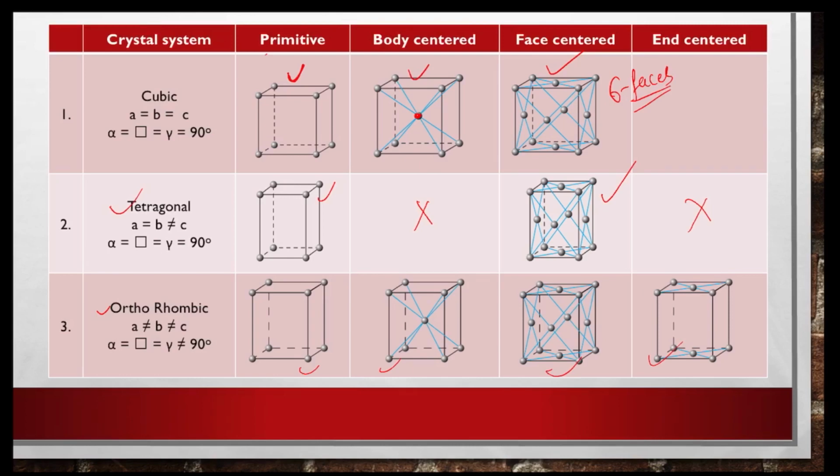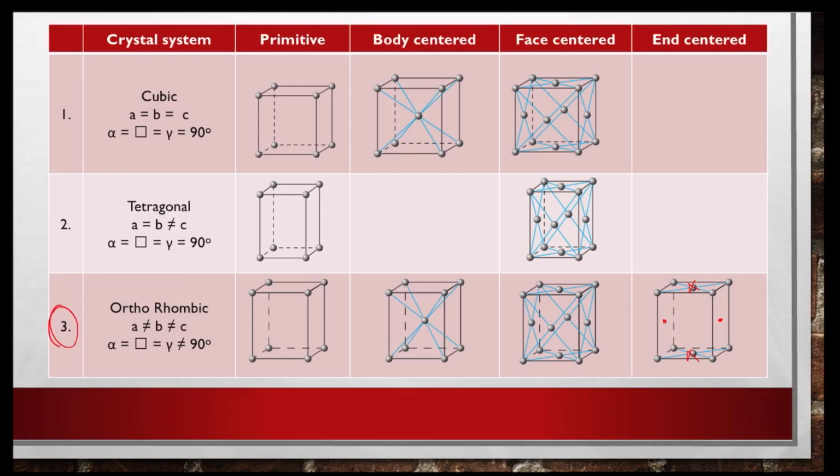End center का मतलब क्या होता है? जब 6 faces नहीं, not all 6 faces, but 2 opposite faces, they have the particles in them. Corners तो है ही, उसके साथ साथ 2 opposite faces. It might be the one which is shown in the figure, or it might be something like this here and here. Then उस टाइम पे यहाँ पर नहीं होगा.